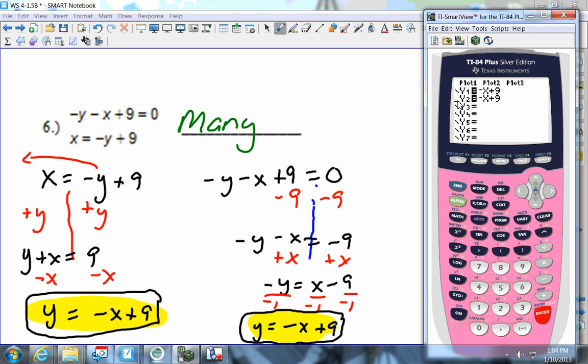That's going to give me a darkened line. When I graph, it graphed the first one, and then the second one went right on top of it. That's where the darkened line came from. The reason why there are many solutions is because you're looking for where the two lines intersect. If they're coinciding lines, that means they're laying on top of each other. That means they're the same line. They intersect at every point. That's why there are many.